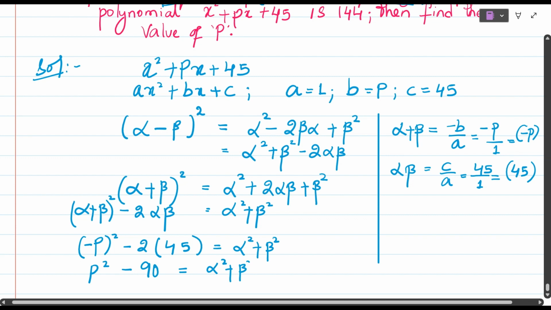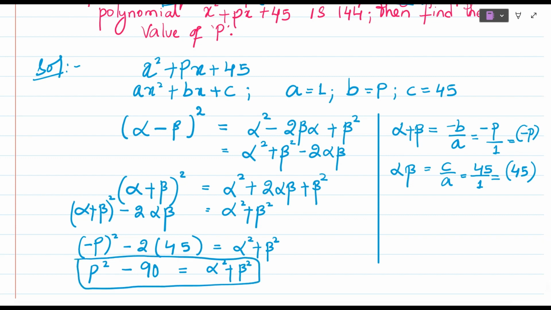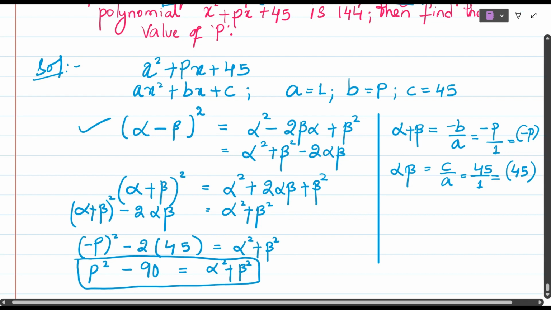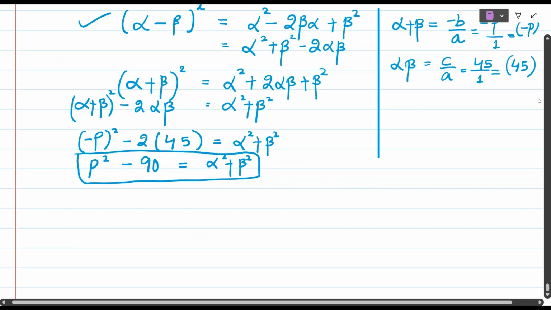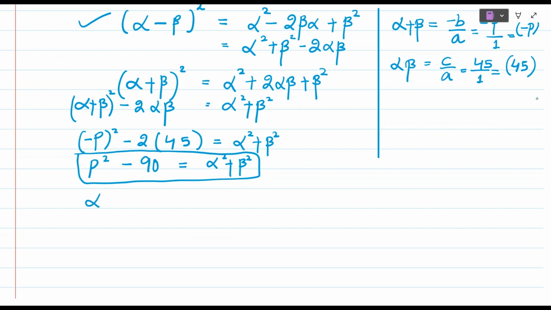Now we are going to apply this in our alpha minus beta whole square. Okay, students? So we are going to find now alpha minus beta whole square. I have rearranged this now. So alpha square plus beta square minus 2 alpha beta. So now what is the value of alpha square plus beta square?